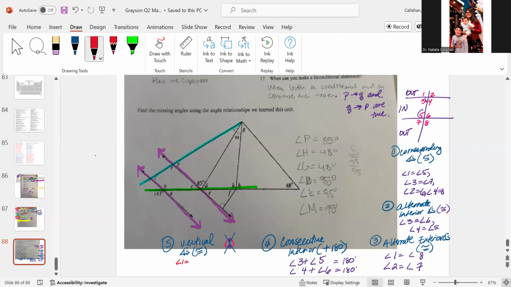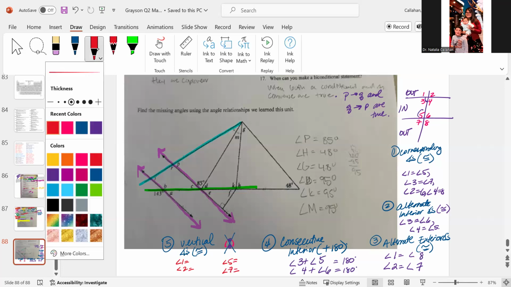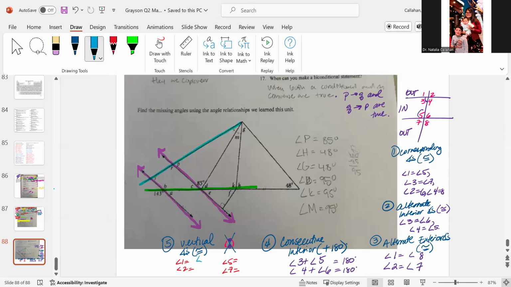Angle 1 is equal to what? Angle 2 is equal to what? Angle 5 is equal to what? Angle 7 is equal to what? Look for the X. Do you see how 1 and 4 are X's? 2 and 3, 5 and 8, 7 and 6. Do you see that? Okay.